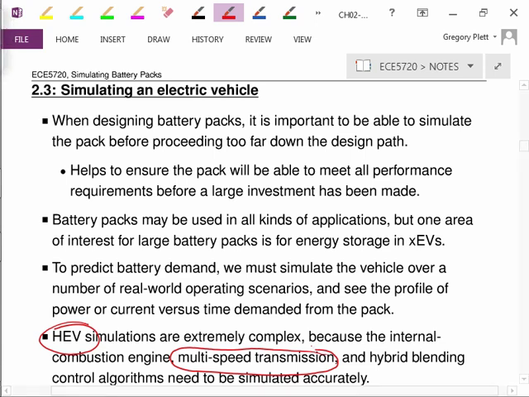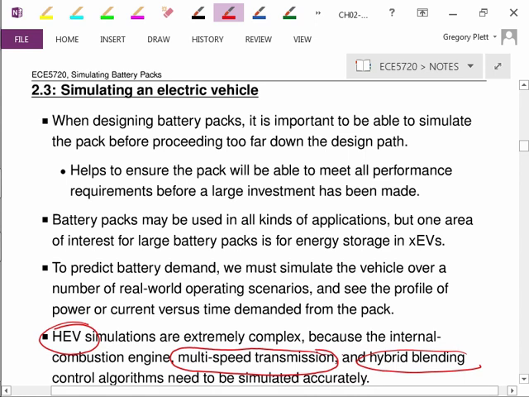Different vendors would have different ways of doing that. Your hybrid blending control algorithm would be proprietary. Your internal combustion engine controls would be proprietary. You may be able to get a pretty good map of how the engine works, but the actual details would be proprietary. So it's complicated, and we would really need a lot of very specific information on how the vehicle worked to do it well.